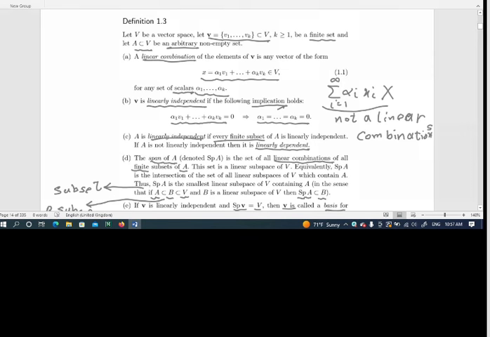If A is not linearly independent, we say it is linearly dependent. So independent and dependent are two different words.